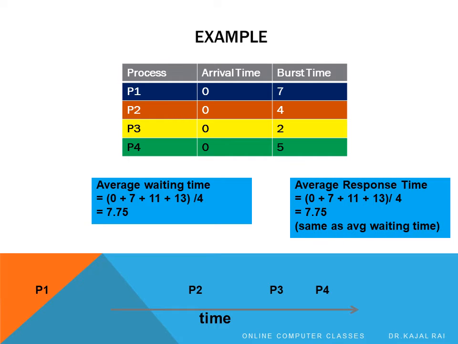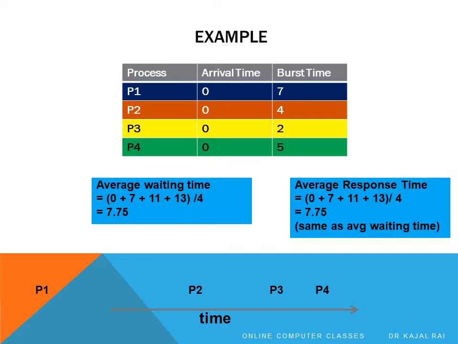Now look at the average waiting time of all the processes. For P1 the waiting time is 0. For P2 it is 7 because it has to wait until P1 completes. P3 has to wait until P1 and P2 both complete, because first P1 comes, so it gets the CPU first, then P2, then P3, and then P4. It runs like that.